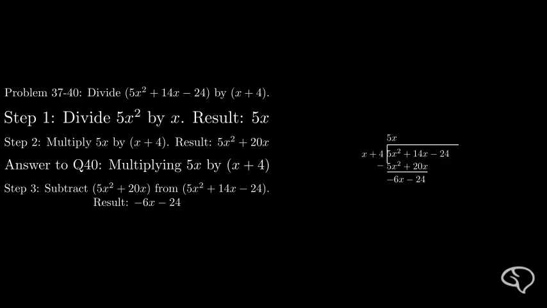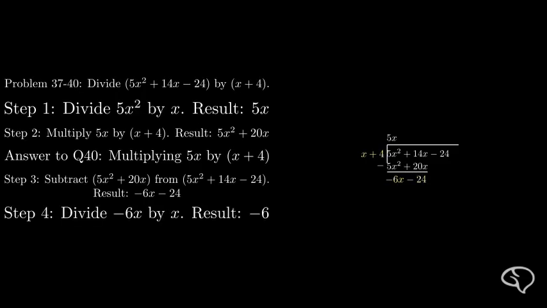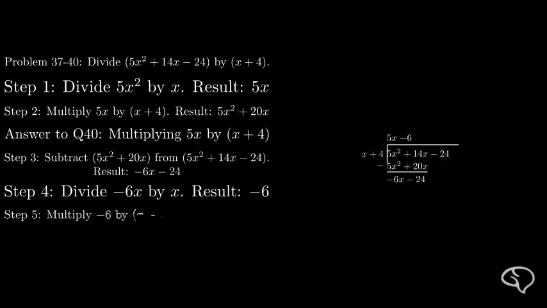We repeat the process. Divide the new leading term, minus 6x, by the divisor's leading term, x. Negative 6x divided by x is negative 6. This is the next term of our quotient. Multiply minus 6 by the divisor, x plus 4. This gives us minus 6x minus 24.